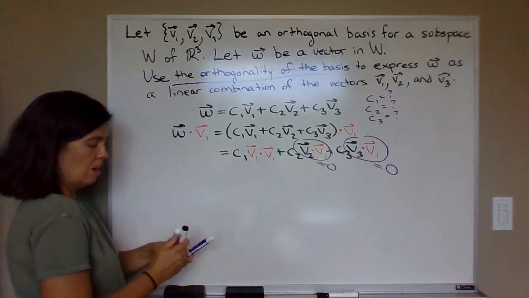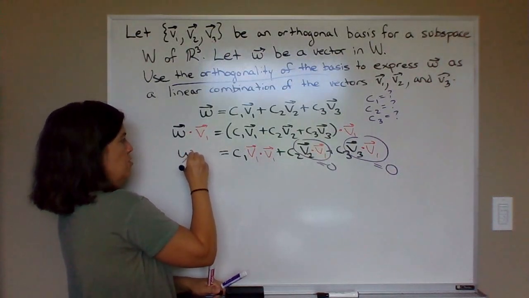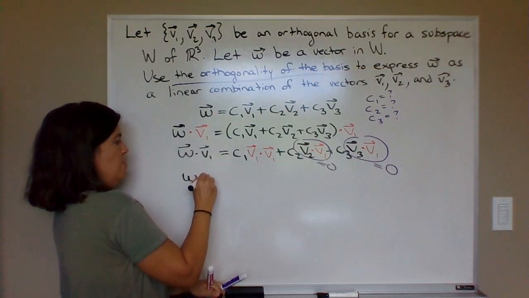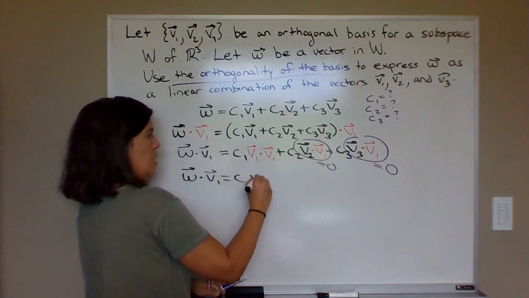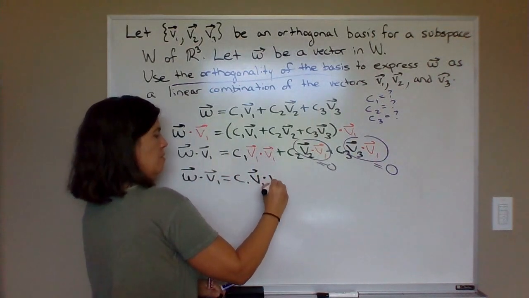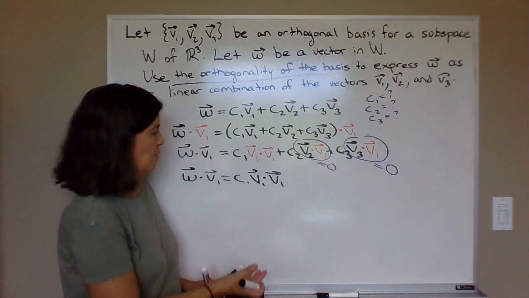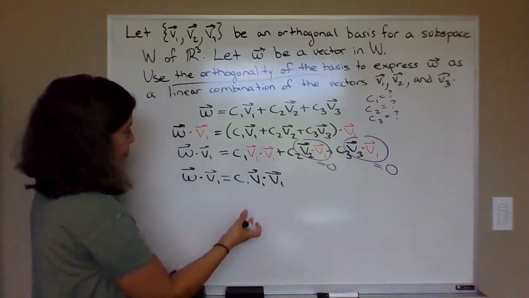And so we end up with W dot V1 on this side, so we end up with W dot V1 is equal to C1 times V1 dot V1. This inner product is not 0, unless V1 is the 0 vector, but then this wouldn't be a basis if V1 was a 0 vector.